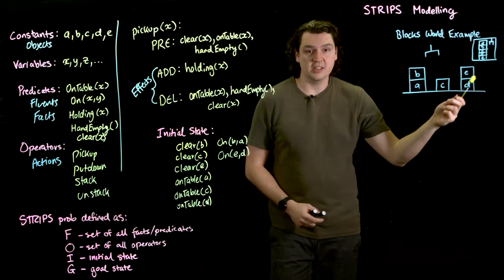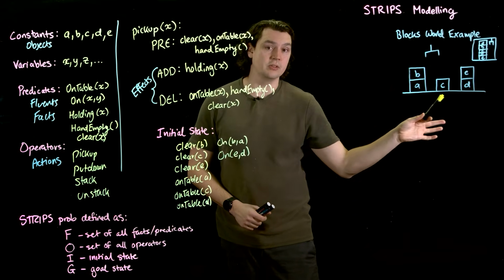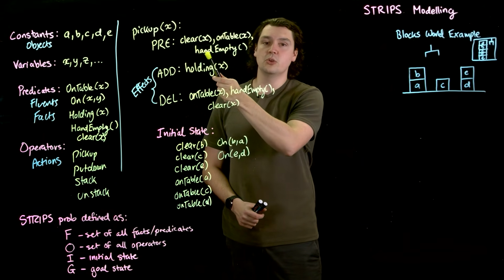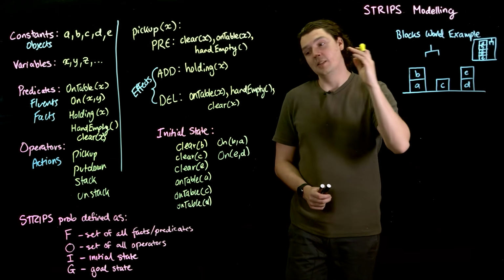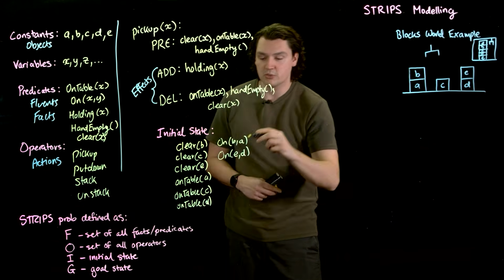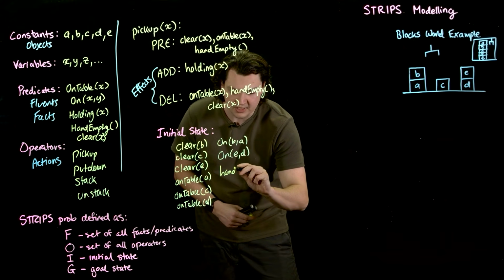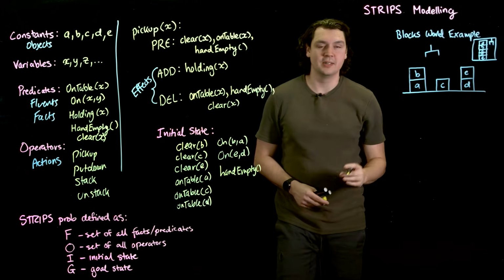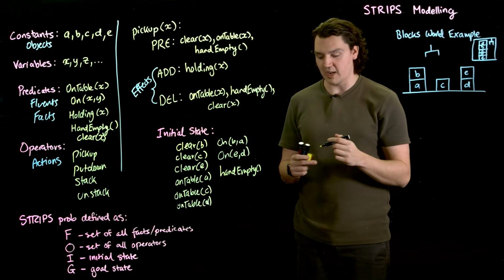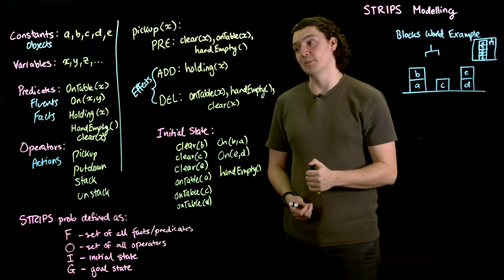To try which block it can pick up. It'll try all of them that's available. But it will look for the precondition. Is the hand empty? Because we didn't define this as being true in the initial state, you would never be able to pick up a single block. This is why sometimes it's very hard to debug STRIPS in PDDL.